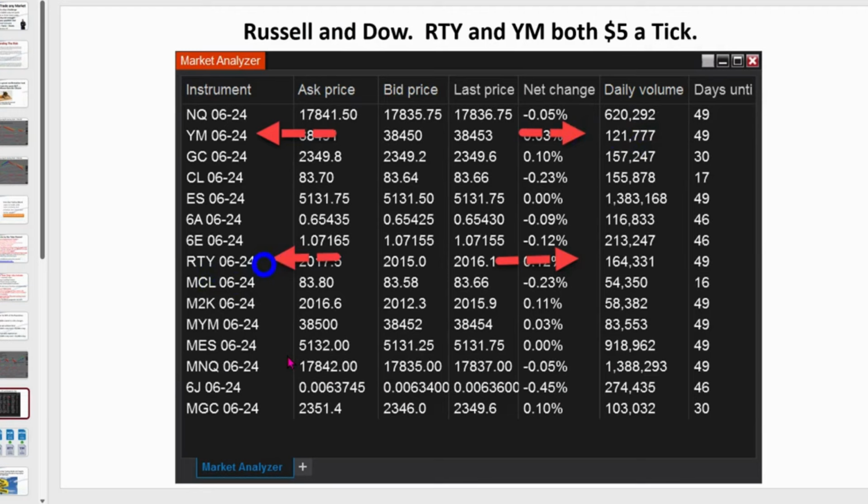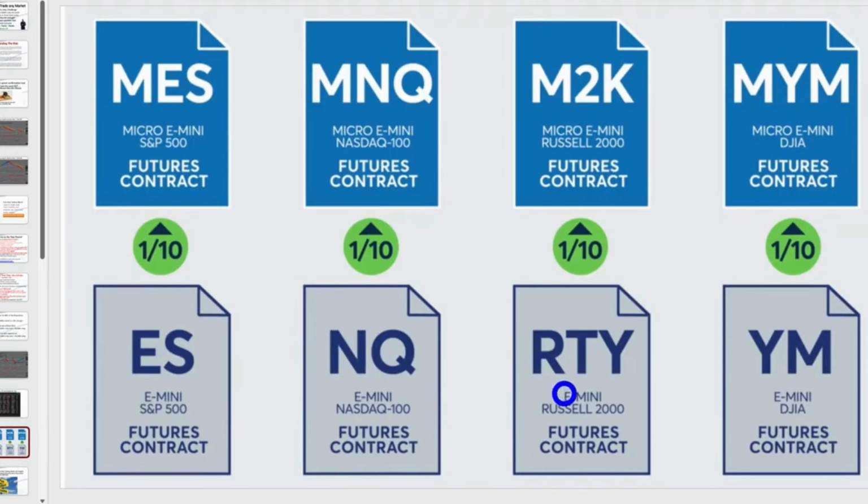Okay, and I tend to find the Russell is a calmer market, and you've got a good 20-25% greater volume in any given day. Now here I talk about trading these markets, and realistically you need between $2,000 and $3,000 to trade the Russell or the YM.